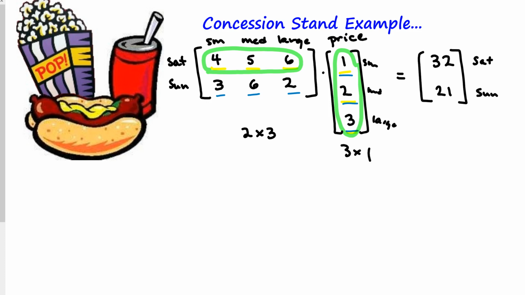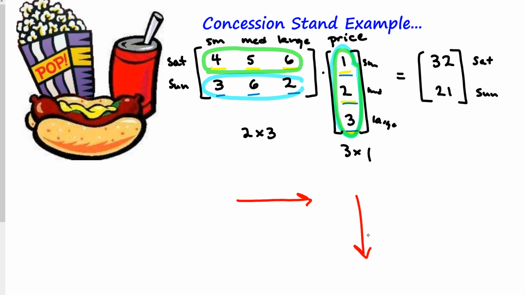And then we went across the next row and down the same column. Imagine you had more rows to go across in the first one and more columns to go down in the second one, then you would have more elements in your answer. So the matrix multiplication process is go across the first matrix and down the second matrix, and do that with every combination of every row and every column.